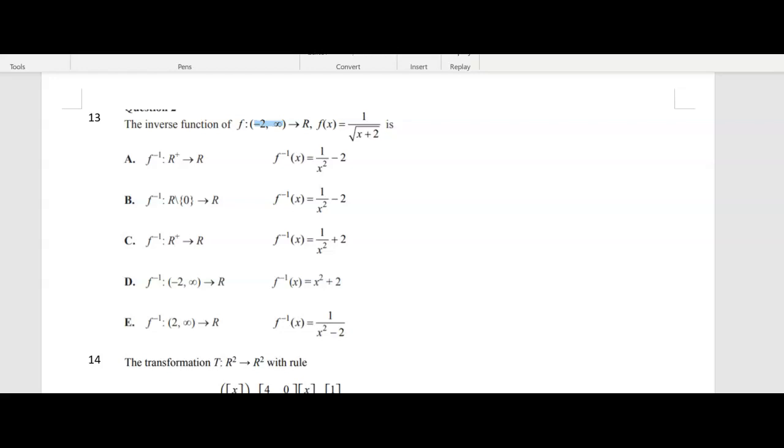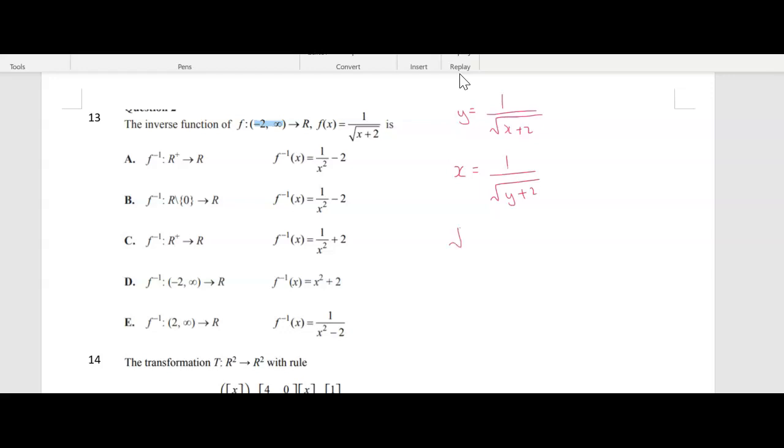Okay, so the inverse, I think you can actually do this on your calculator, but you might not get it in the same form. So let's just do it by hand. All right, so remember for your inverse, you switch your x and y. Okay, so what we can do is just switch positions with the denominator and x.